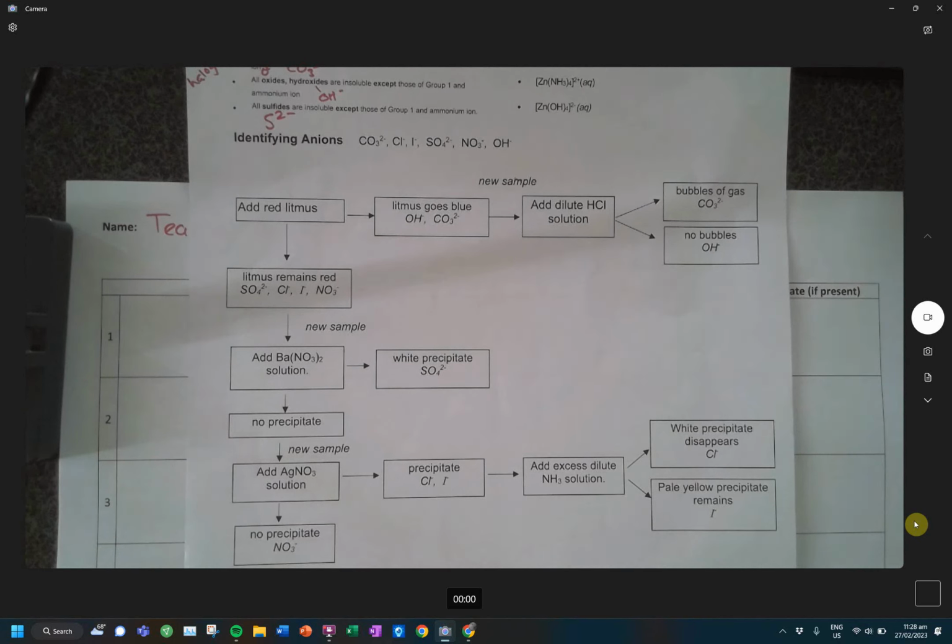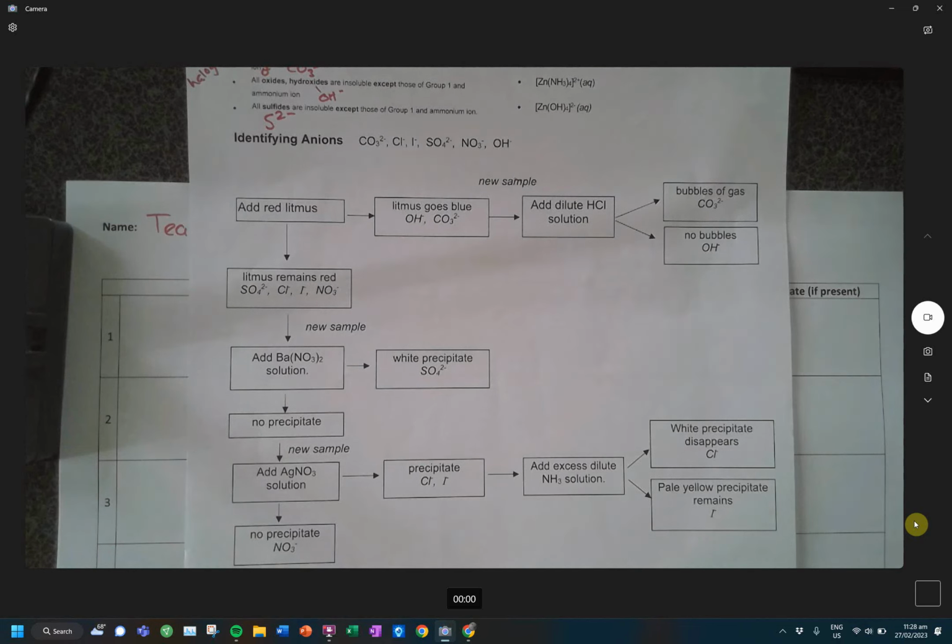If I look at my flow chart and the steps that are required there, the first thing I need is the red litmus paper. So I'm going to put that into my box. Be mindful I have different colored litmus papers out at the moment, so the only one you want are the red ones. We're good so far?